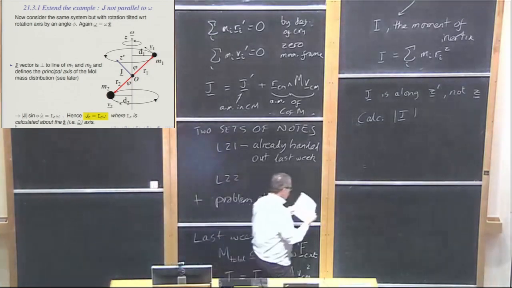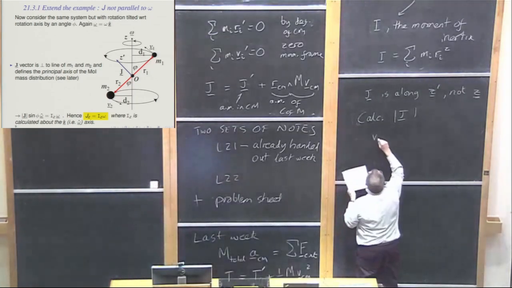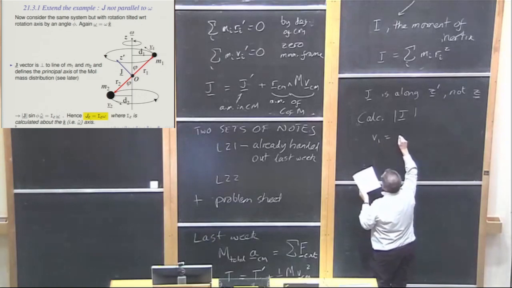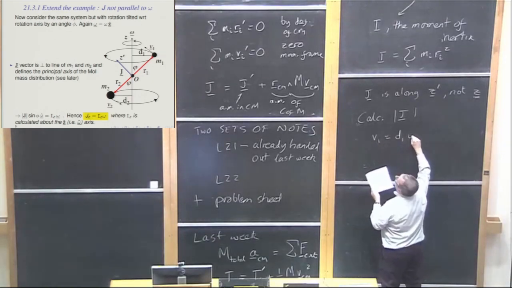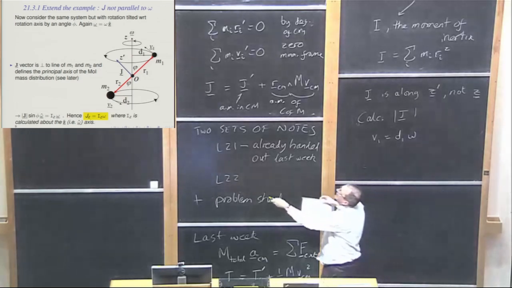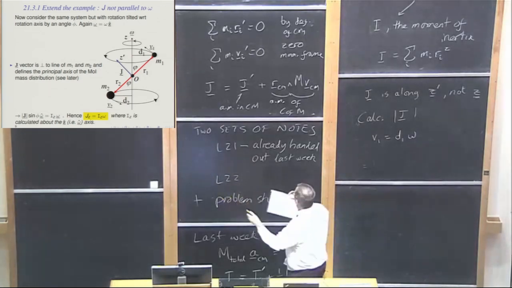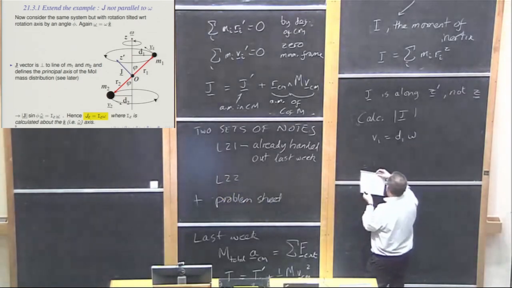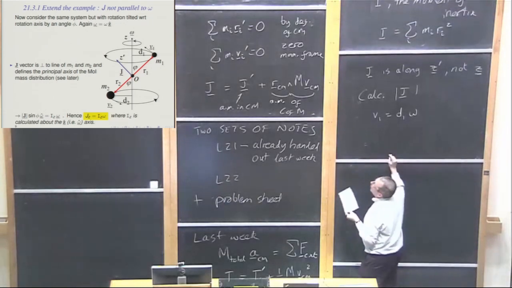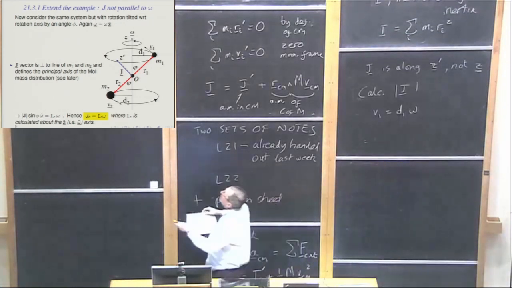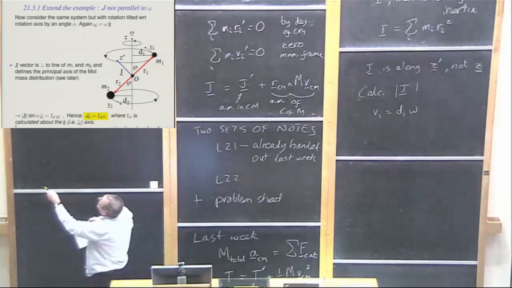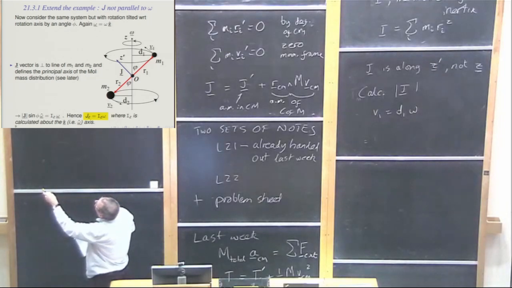What is the magnitude of V? V1 is equal to D1 times omega, where D is this distance here. It's also going to be convenient and necessary to bring this angle phi into the game, which is the angle of the tilt.